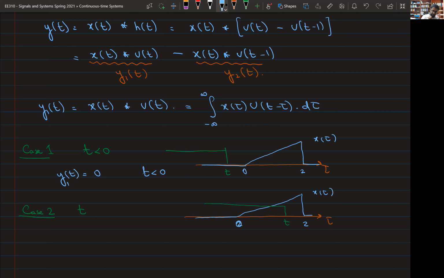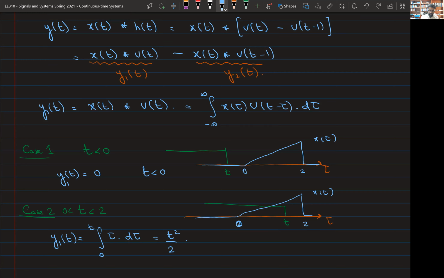So 0 is less than t is less than 2, as many people point out in the chat window as well, right? So what would y1 of t be here? This integral would be from 0 to t. And what would I integrate? Excellent, Daniel. Integral of tau, right? Excellent. And this is t squared by 2.